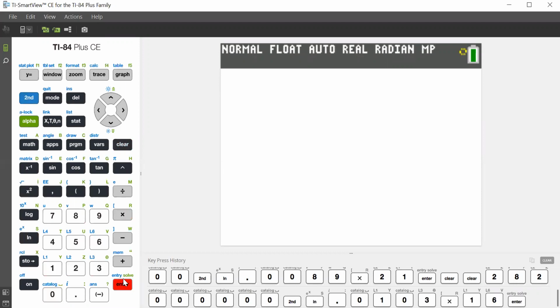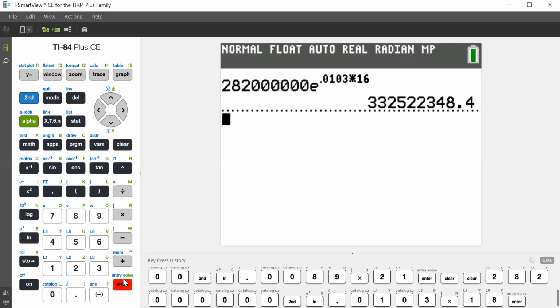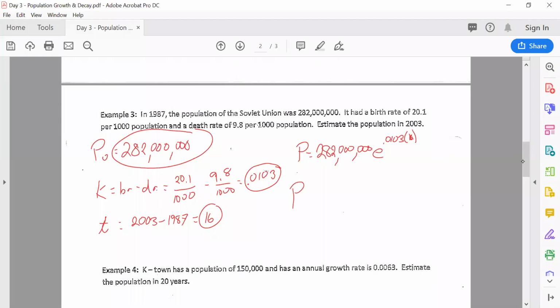Hit enter, and I get 332,522,348.4 people. Griffin, can I have 0.4 people? No, not at all. 0.4 is less than 0.5, so I'm just going to keep it at 332,522,348 people. Done.